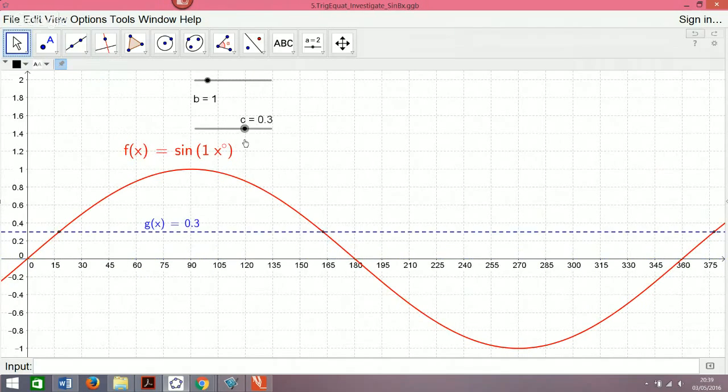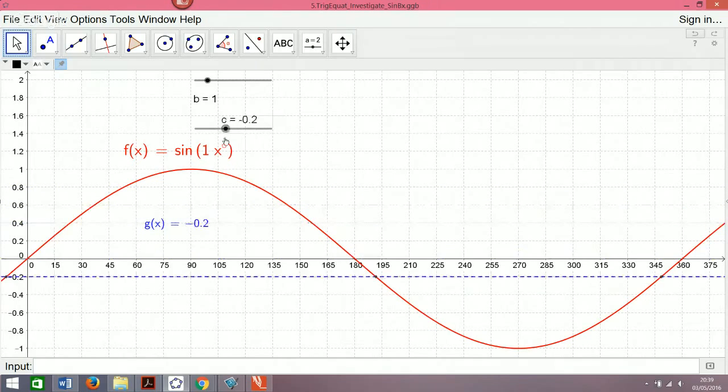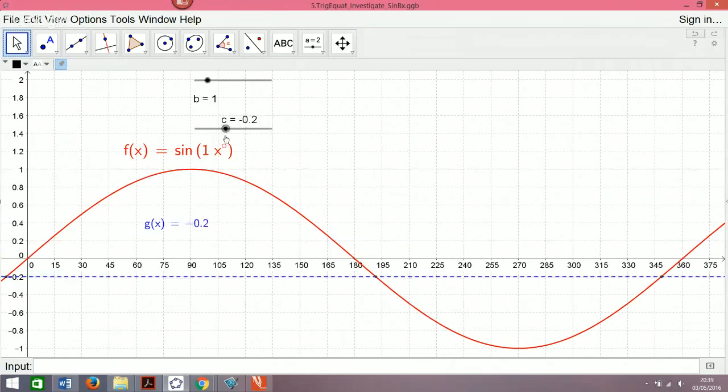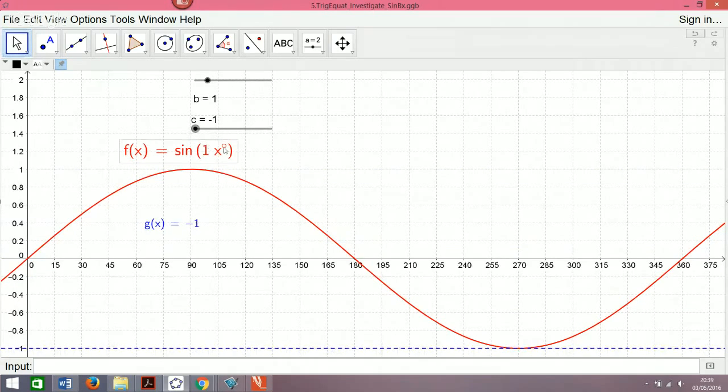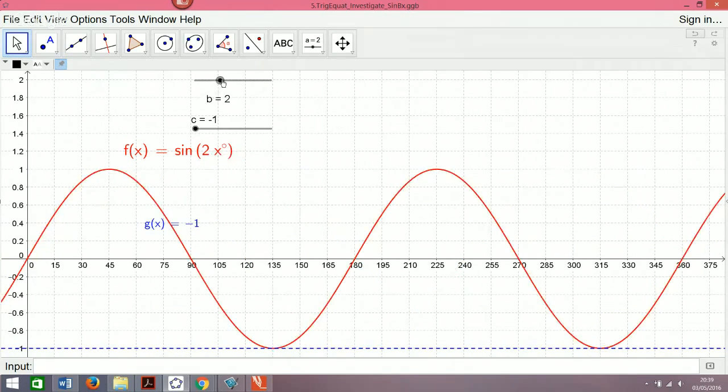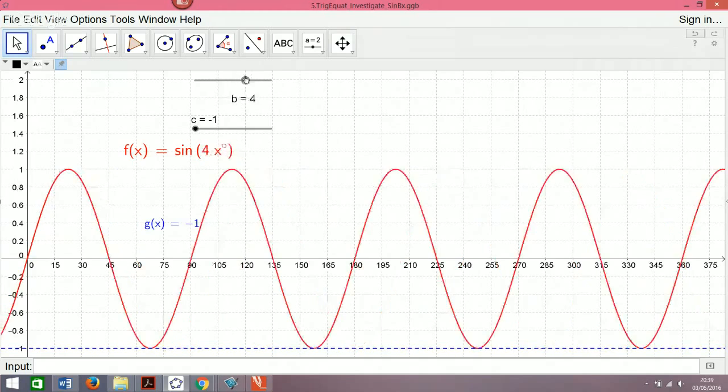Normally, it has 2 solutions, and exceptionally, it will have one solution when it's at the maximum or when it's at the minimum. So 1, 2, or 3 solutions, and then add lots of the period to get all the others. And then as you increase the number of waves in 360, 2 waves, 3 waves, 4 waves in 360, you can multiply the number of solutions by the number of waves.